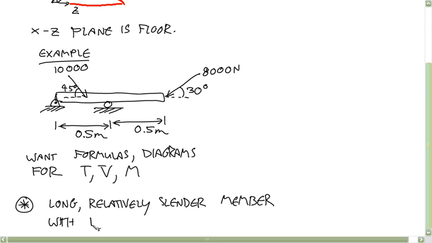With loads, so this is the part that's different than the way we're used to thinking about beams. With at least one load besides forces along the length.